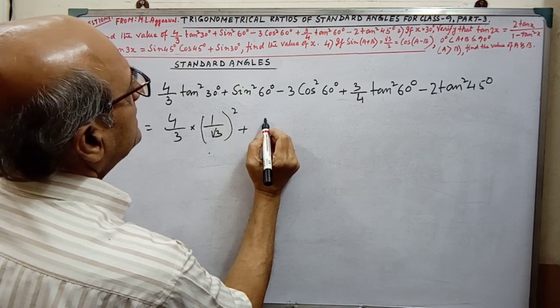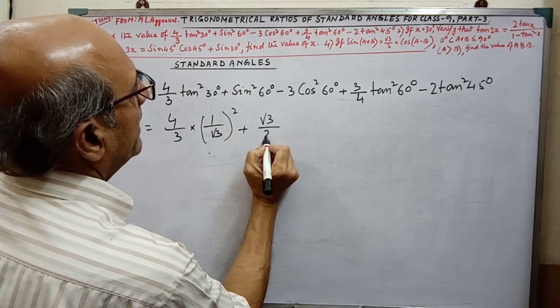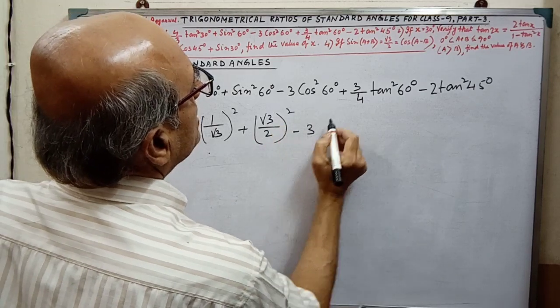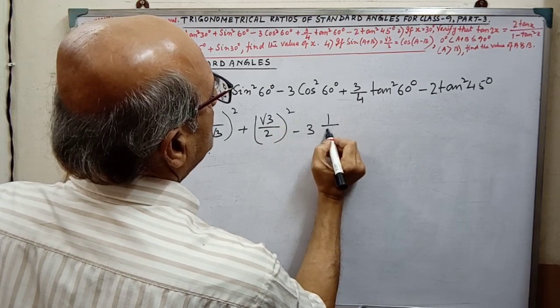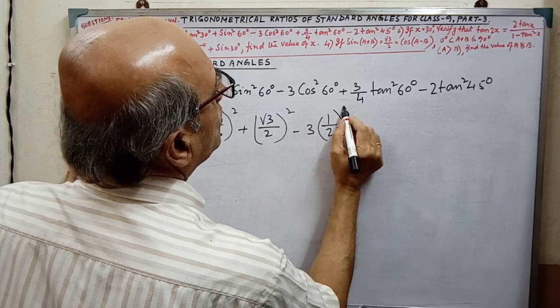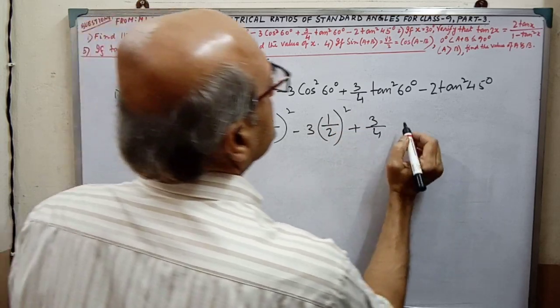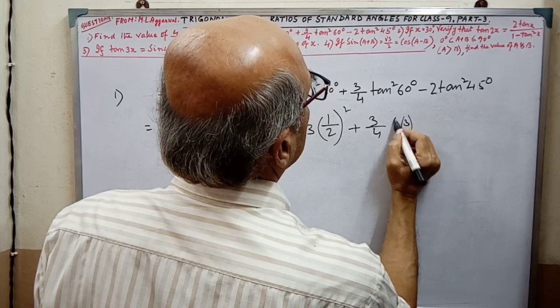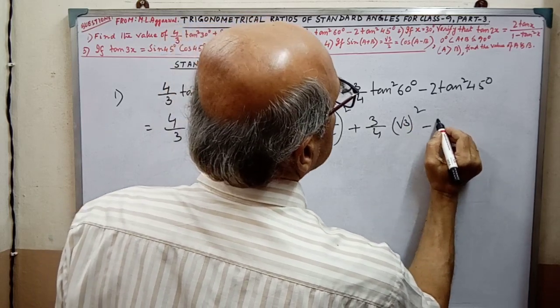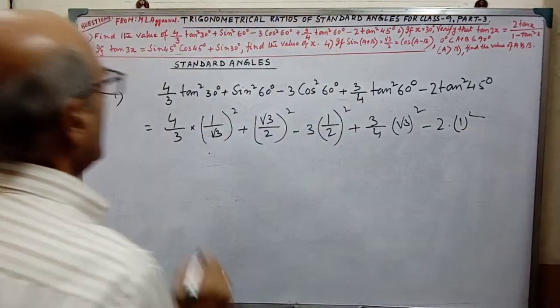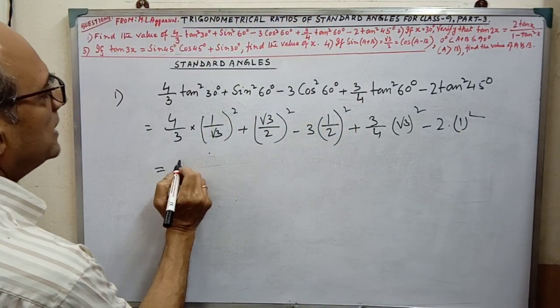Sine 60 degree, that is root 3 by 2 whole square, and cos 60 degree, that is half, and square is given, so whole square, plus 3 by 4 tan 60 degree, that is root 3 whole square, minus 2 into tan 45 degree, that is 1. After that, we have to simplify.